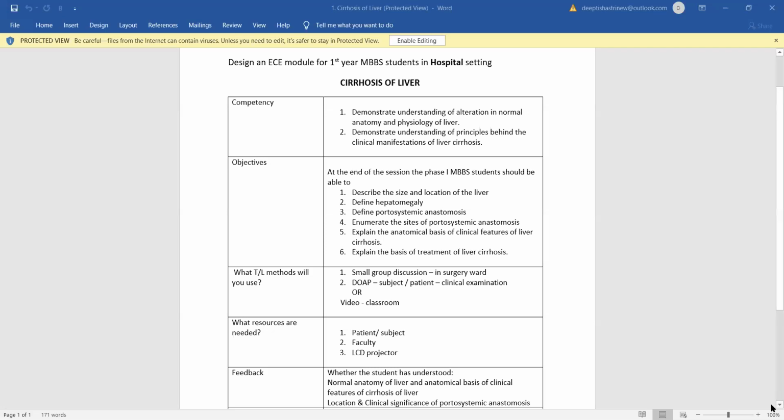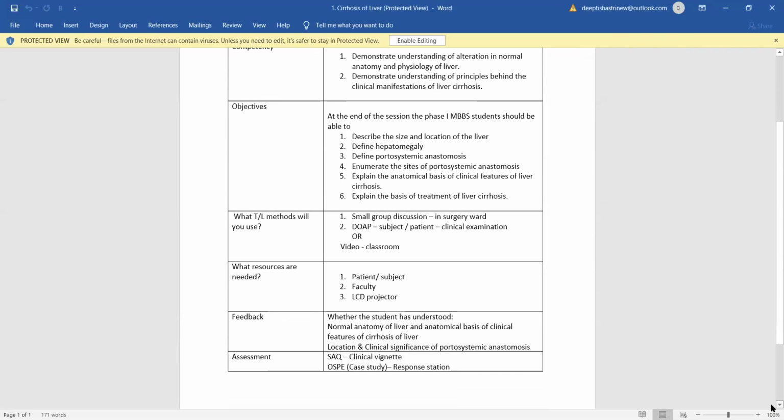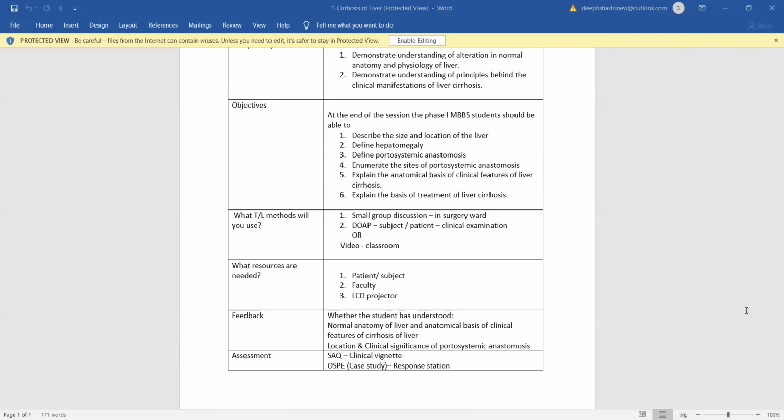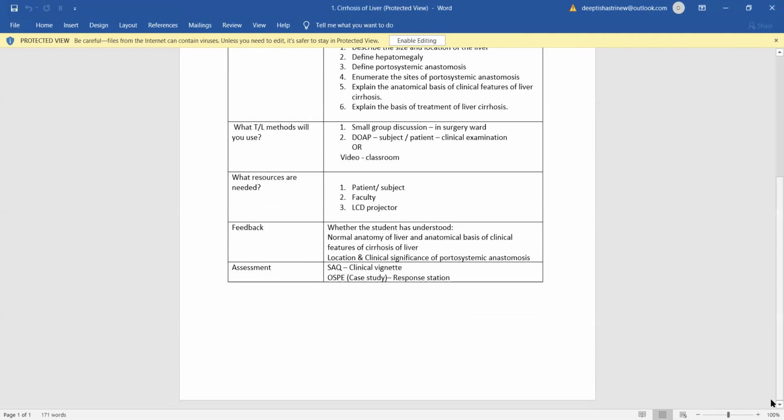The teaching learning methods which were designed were small group discussion, subject or patient with clinical examination, or we could show them a video in the classroom. The resources which are needed are a patient or a subject, the faculty members, and the LCD projector to project the videos.